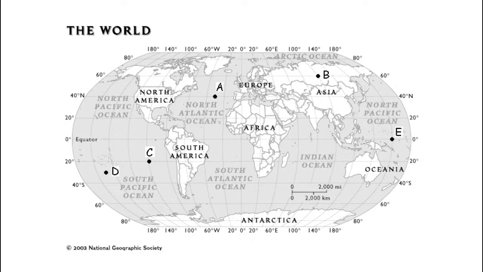So for the location of point A, you would write the latitude as 40 north. In terms of longitude, you see that it's between the 20 degree west meridian and the 40 degree west meridian. It's about halfway, so I would put it at 30 degrees west.